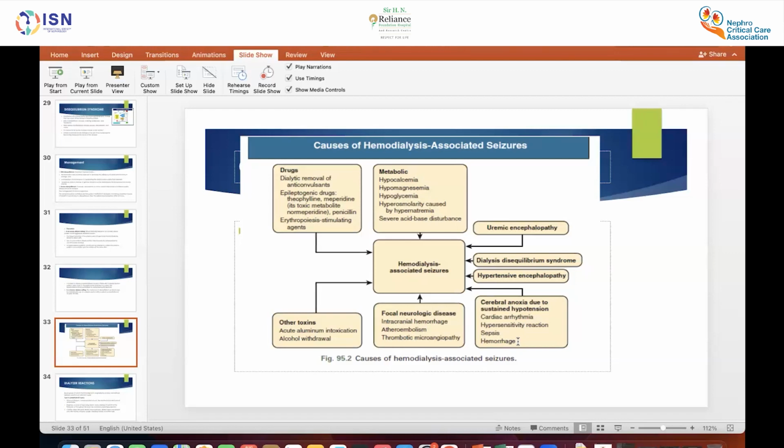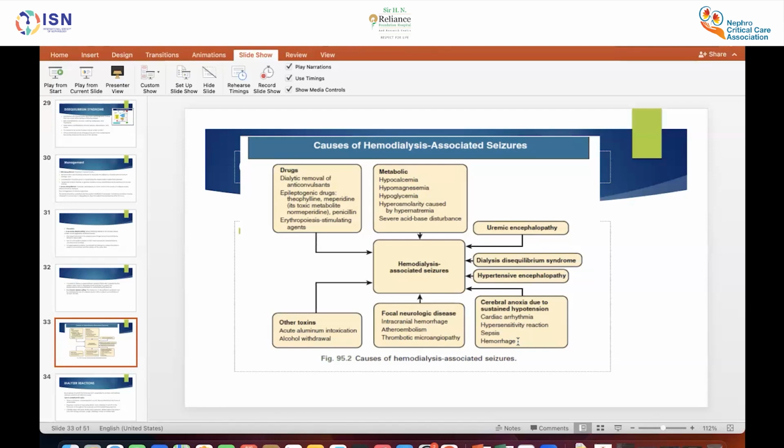One is the bound fraction, which is bound to the albumin, and the other one is the ionized fraction, that is the ionic calcium. So what we do usually is total calcium, which includes both the bound fraction as well as the ionic fraction.